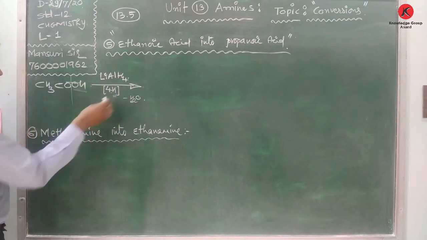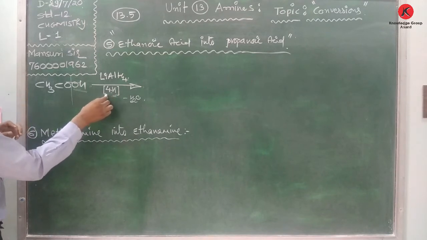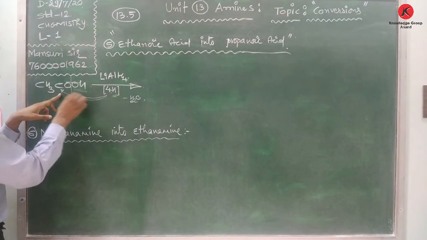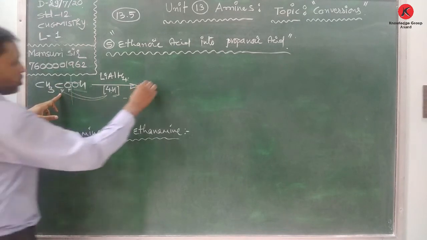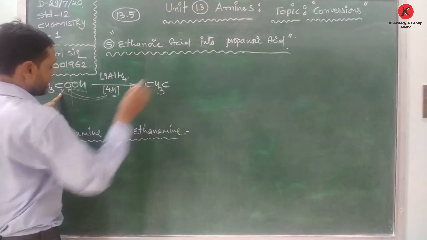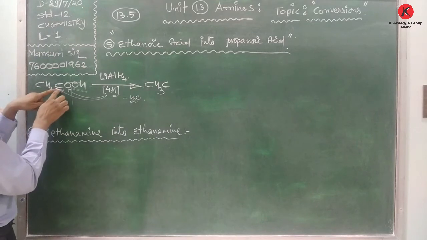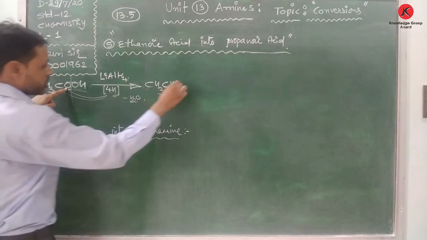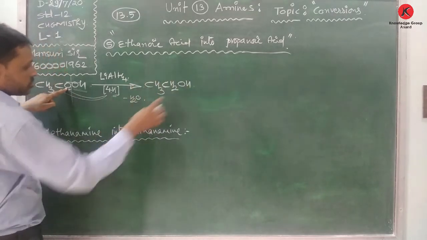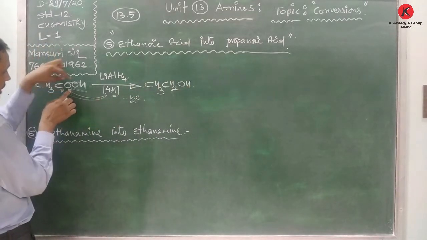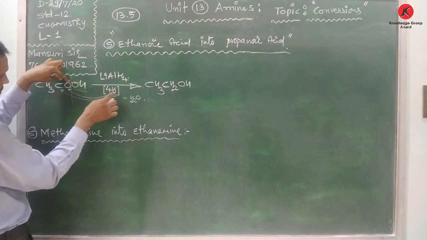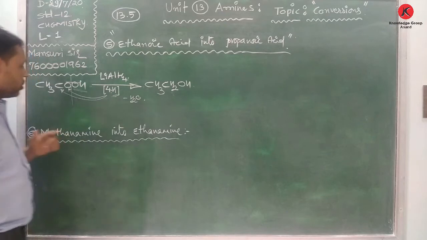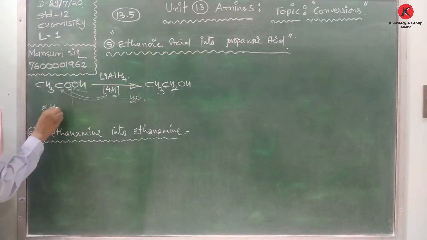Now, the remaining 3 hydrogen go toward this carbon as well as this oxygen. So CH3CH2OH. Now here you can see C contains 2 hydrogen, O contains 1 hydrogen. So 3 hydrogen are used over here, and 1 hydrogen is used over here. That is, the water will be removed.